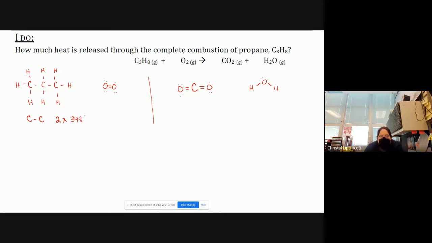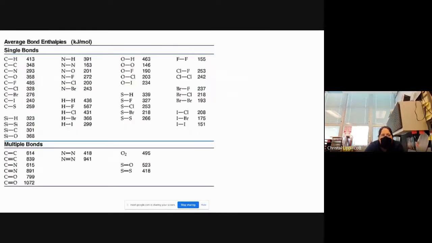You don't have to memorize these things, no. We're multiplying the 2 times 348, because you've got 2 of them. You've got one right here, and you've got one right here. Now, how many of these do we have? 8. So 8 times, and we go back to our chart and find that one. That's 413.